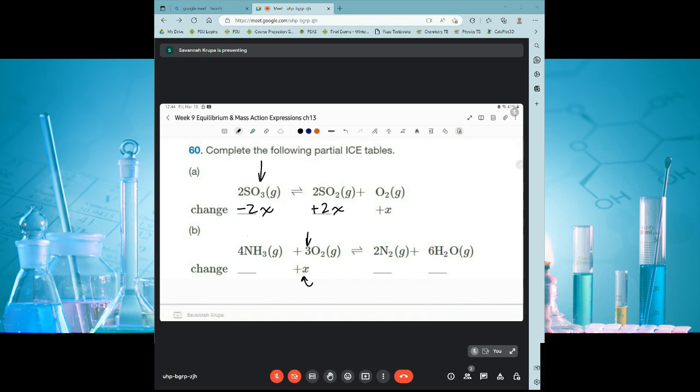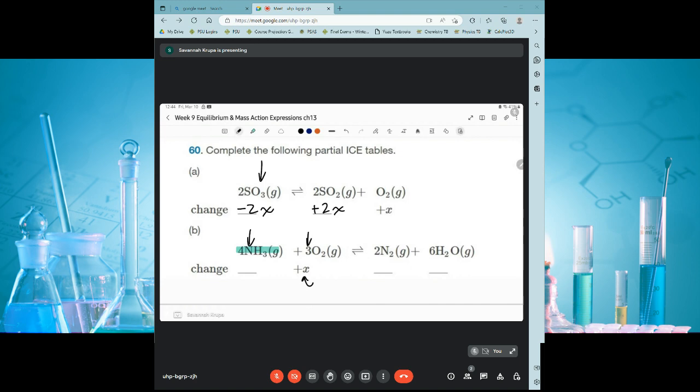So for the 4NH3, it will also be added because of the way this is going: this arrow sign goes both ways, so reactants and products can switch places, going to the left or to the right on the reaction. And because the reactants are gaining, the reaction is actually proceeding to the left, not to the right.